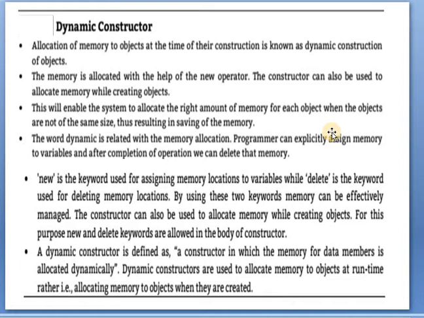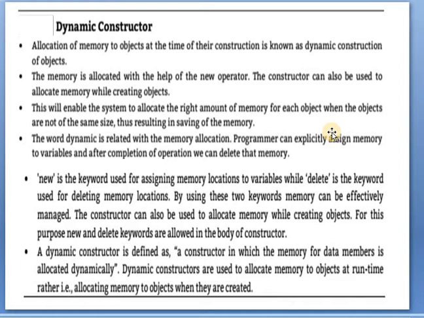that is the keywords. Here is the definition of dynamic constructor: a constructor in which the memory for the data members is allocated dynamically. Means at running time we can allocate the memory for the data members.